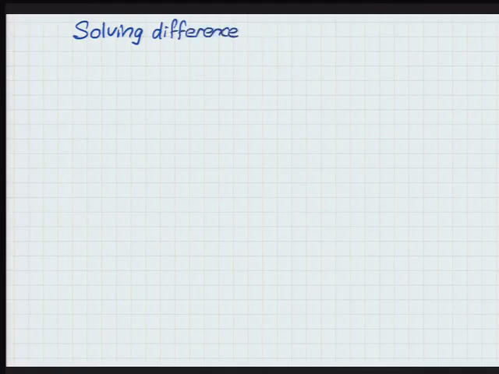So let's see how that works with an example. Solving difference equations, just like we solve differential equations with unilateral Laplace transforms.